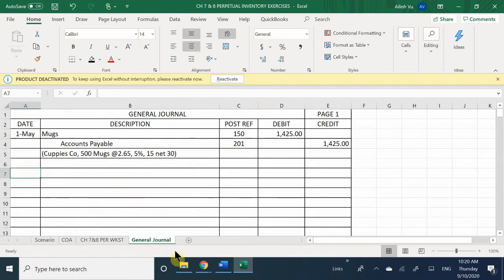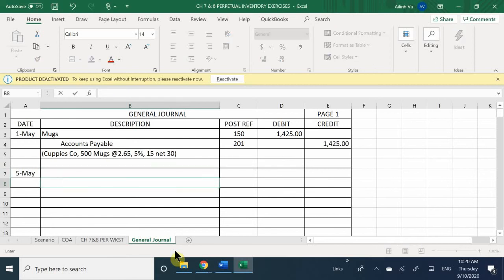Here we skip a line because we're dealing with a new transaction. It's a new day. So on the 5th of May, we are returning the coffee mugs, so we're going to be taking out of inventory. In this case, our credit is going to be for the 15 mugs. We're taking it out of inventory. And as Miss Julie indicated, we're also going to refund the money out of our accounts payable.